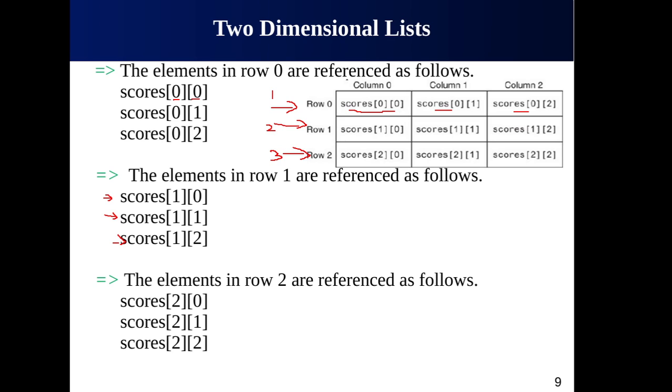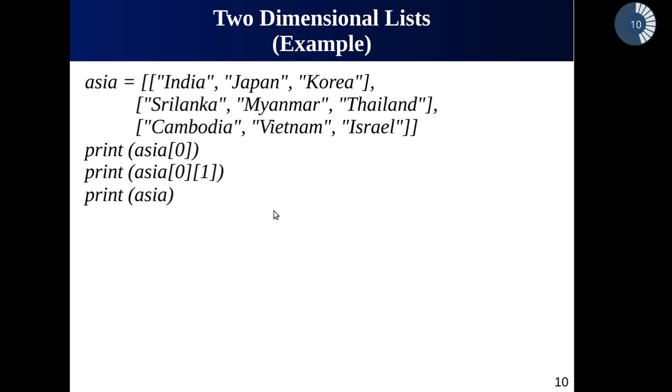In summary, to access any element of a two-dimensional list, you will need two subscripts. The first subscript will represent the row, the second subscript will represent the column. Let us see an example. We have a continent which is known as Asia. Asia has different countries. Some of the countries are mentioned here.